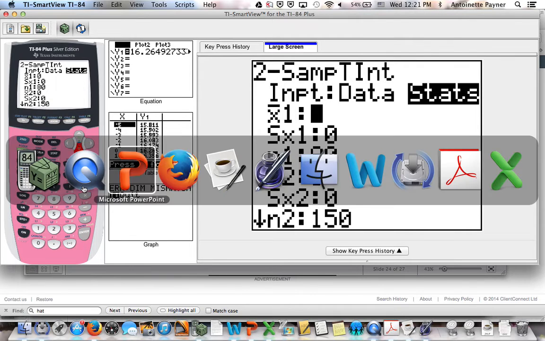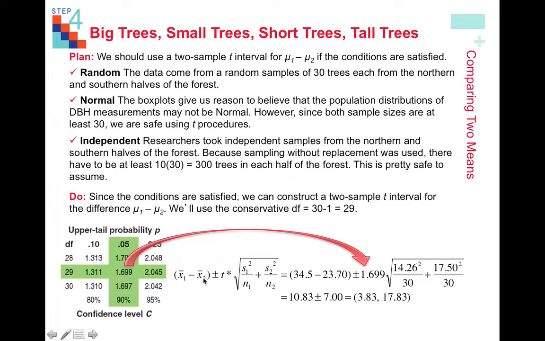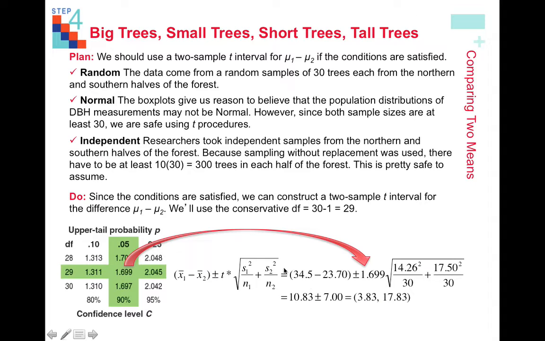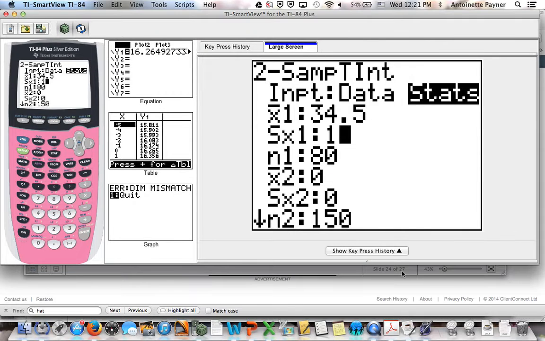The mean for the first one was 34.5. The standard deviation for the first one was 14.26.